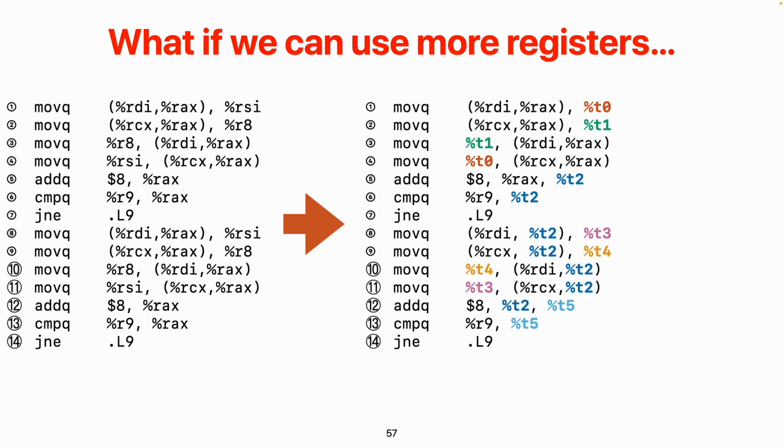There's no RAX anymore. Agree? Anything related to the RAX issue is now gone. And for instruction 8, because the RAX is indeed coming from here instead of the original RAX, it should be rewritten to T2. So the original issues involving RAX are all gone.